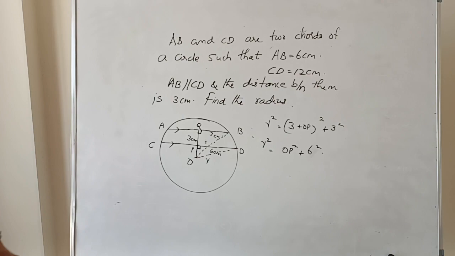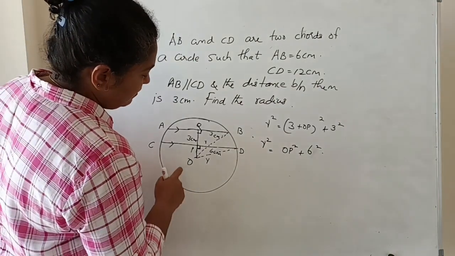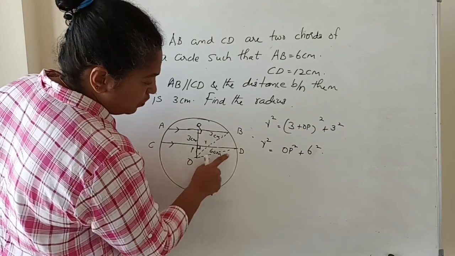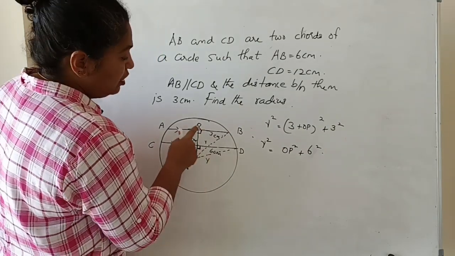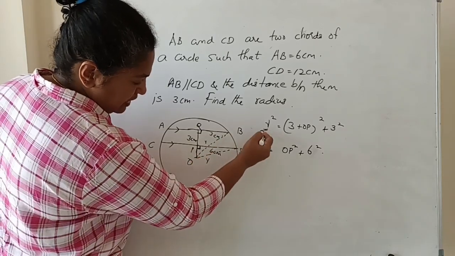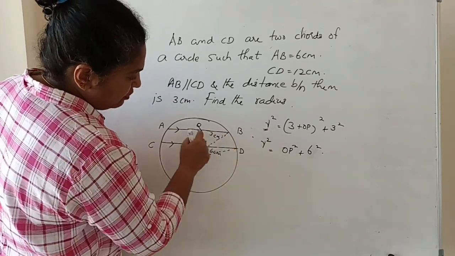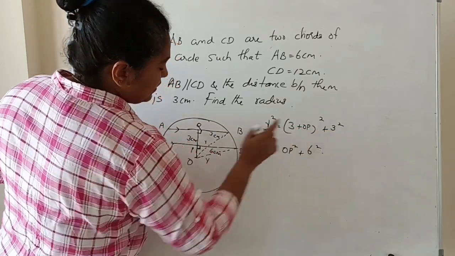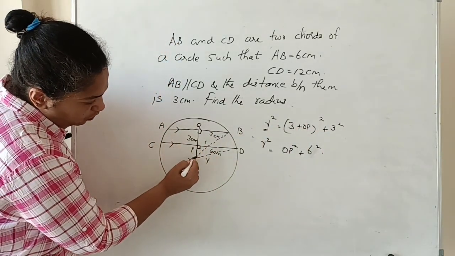You can see that there are two right angle triangles. One is QOB and the other is QOD. Okay. From the triangle QOB, I know that hypotenuse square, which is the radius, is equal to base square plus altitude square. The base is 3 centimeters. Altitude is the length of OQ.